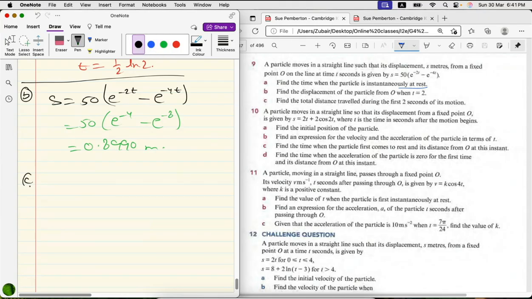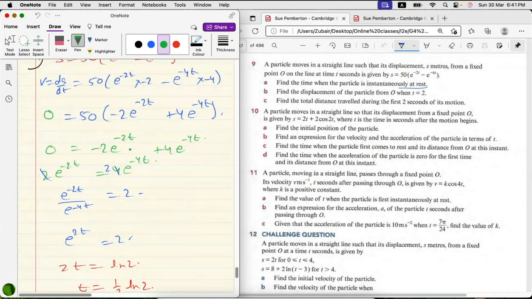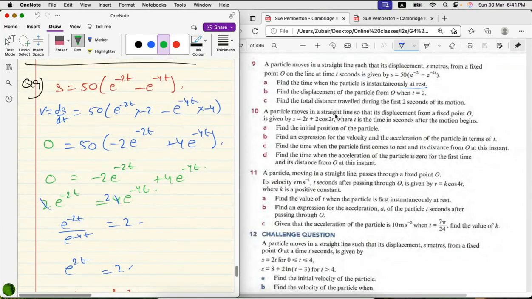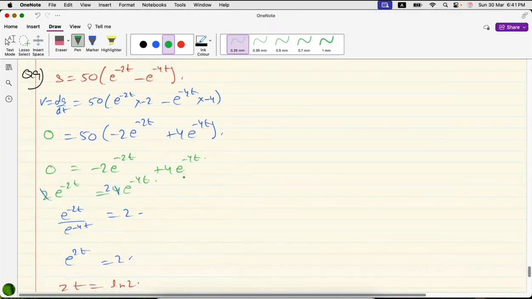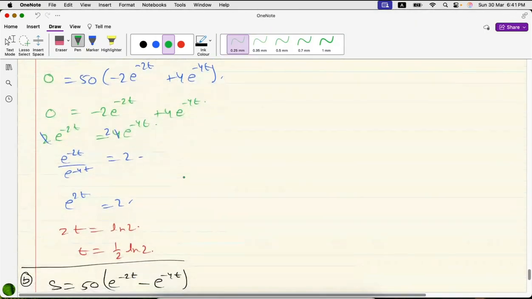C part. Find the total distance traveled during the first 2 seconds of motion. I'm again checking if it turns in the first 2 seconds or not.